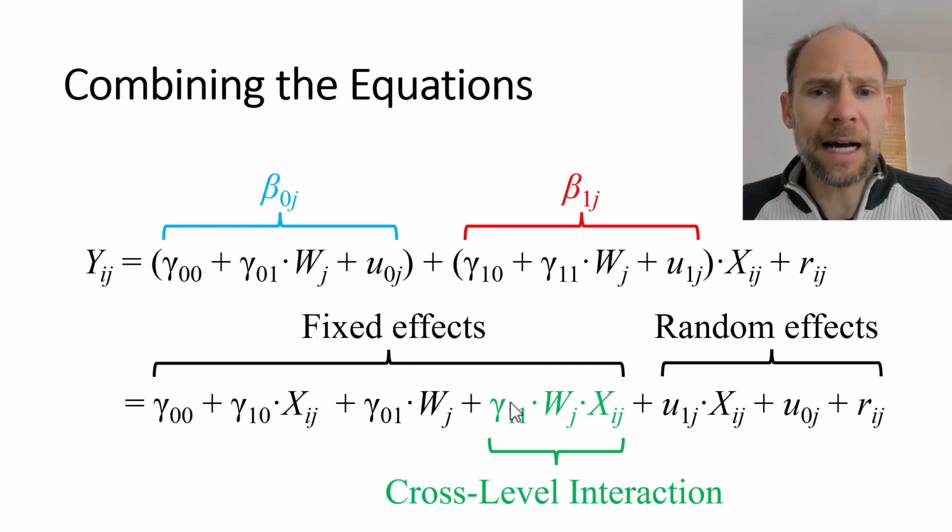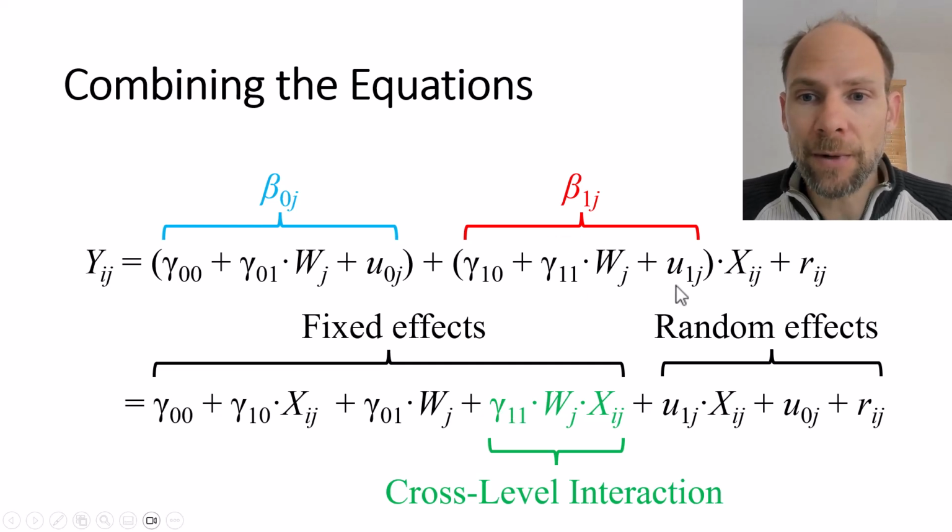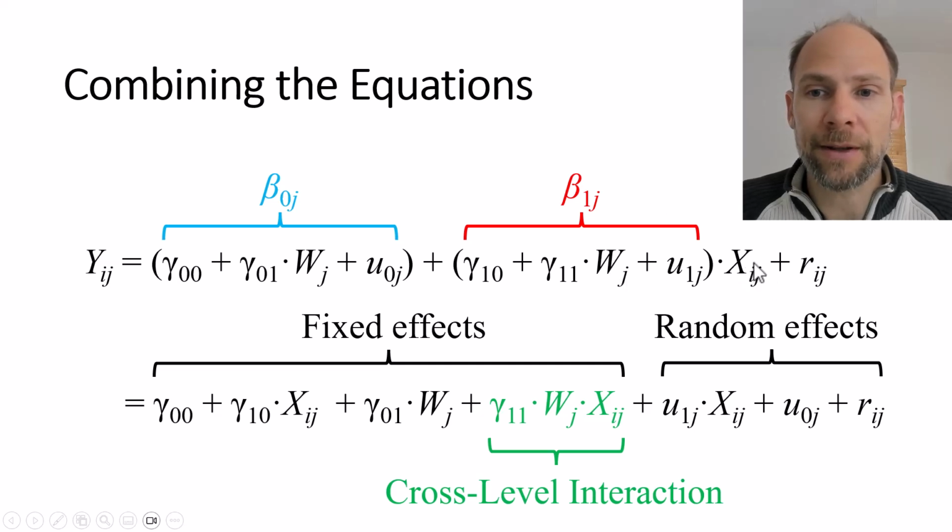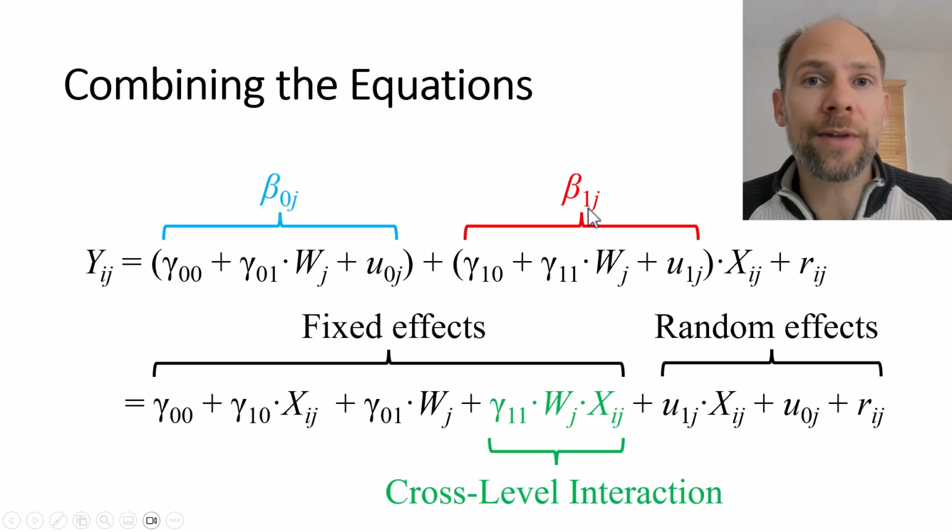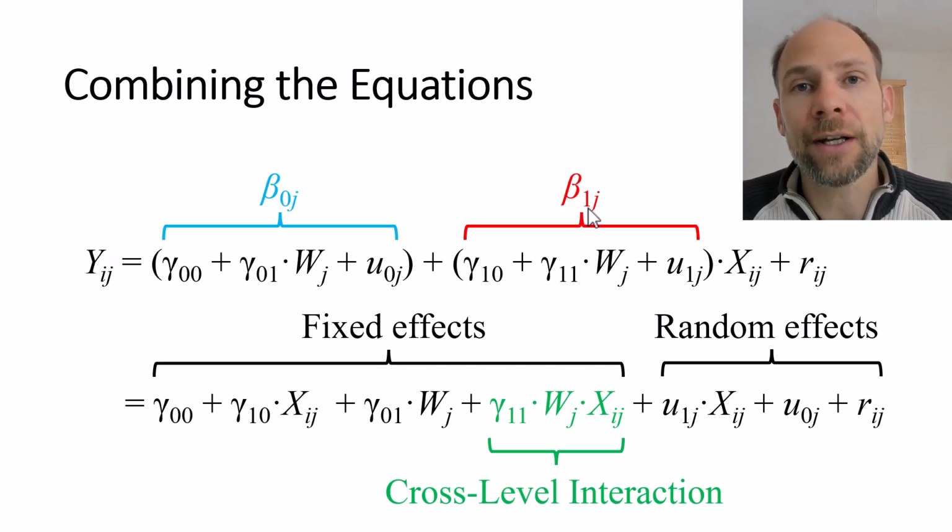Now, where does this come from? Why do we all of a sudden get this product term that previously we didn't see? It's because when we expand this portion here for beta 1j, we get one term that is gamma 11 times Wj times Xij. That's where this product comes from, which shows you that you can only have a cross-level interaction in models with random slopes.